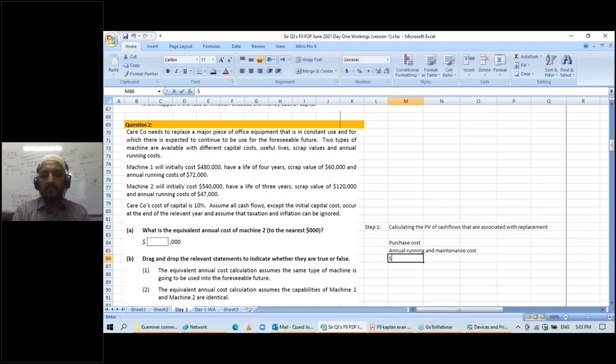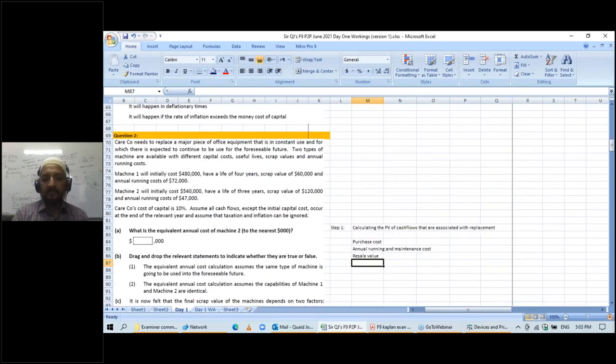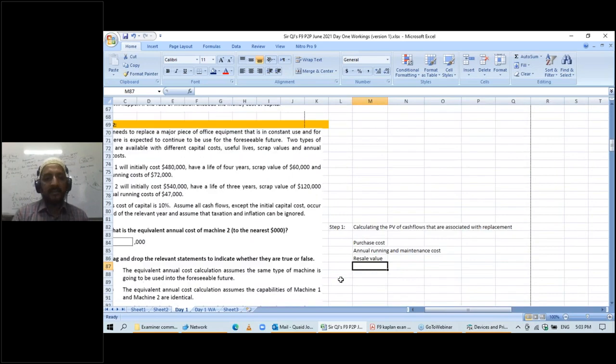And the scrap value. These are the main items involved. First we'll calculate the present value of these items. Then in the second step, we will calculate the equivalent annual cost.